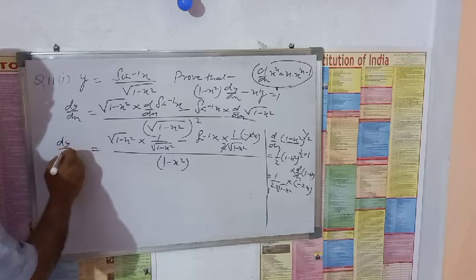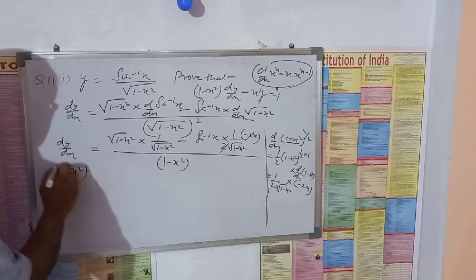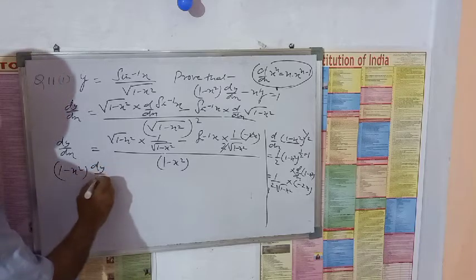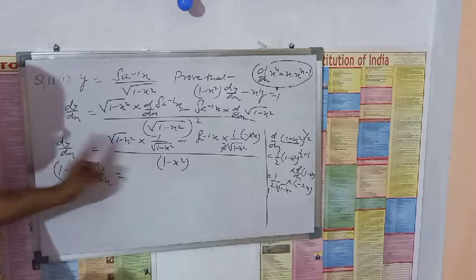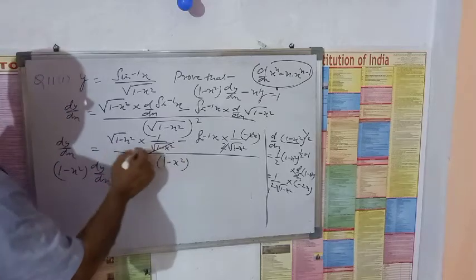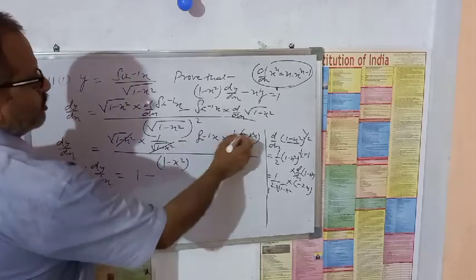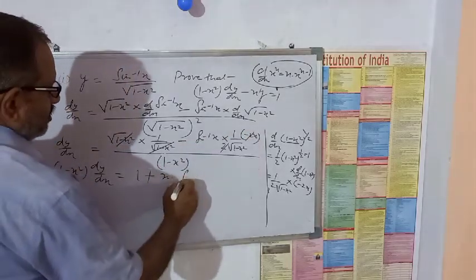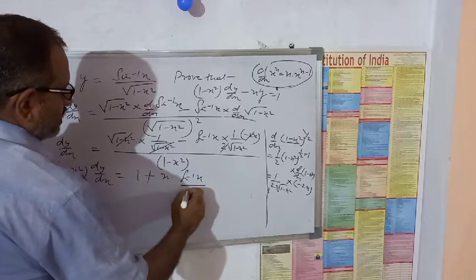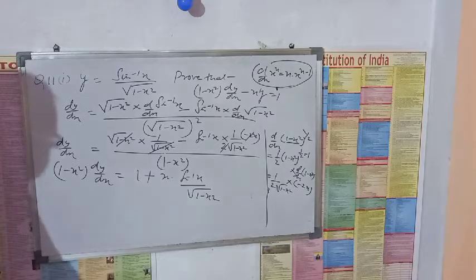It is equal to dy by dx. Cross multiply 1 minus x square into dy by dx. This part we can cancel. So here we get 1 minus, minus into minus plus x into sin inverse x upon under root 1 minus x square.